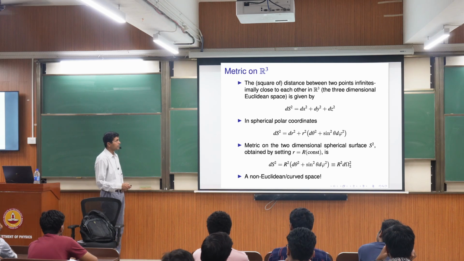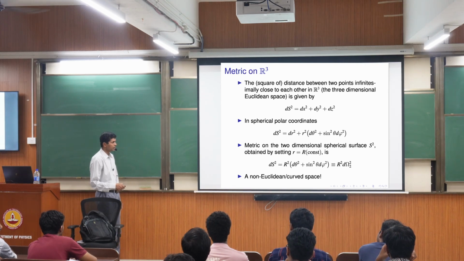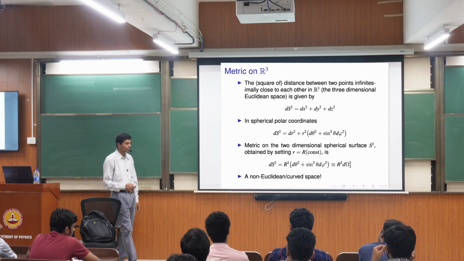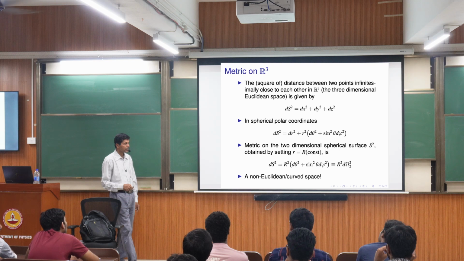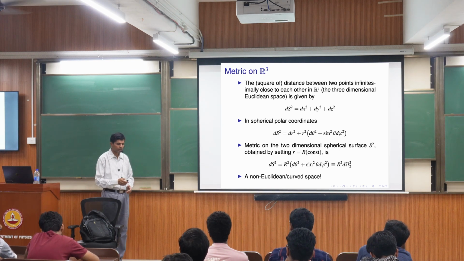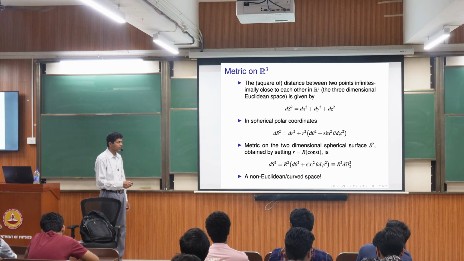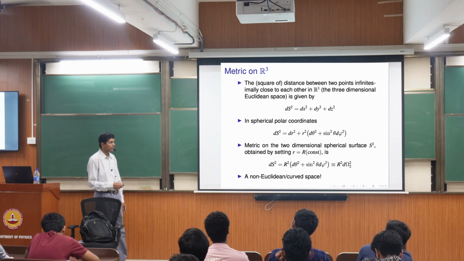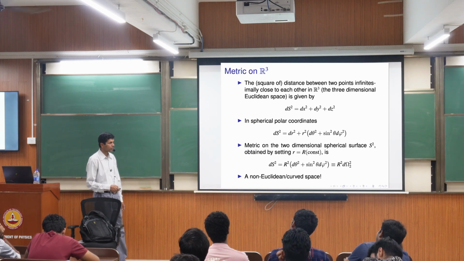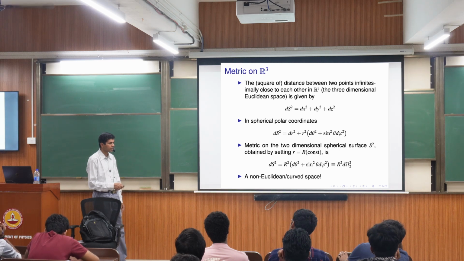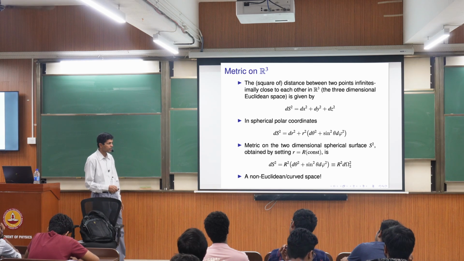Now, this is the standard metric in three-dimensional Euclidean space. But now what I will do is impose a constraint by keeping this coordinate r fixed. You consider the set of all points with a fixed distance from the origin, and you will obtain the surface of a sphere. So in this metric, if you put the constraint r equal to some constant capital R, then this is the metric that you obtain, because dr is equal to 0. R is constant, dr equal to 0.